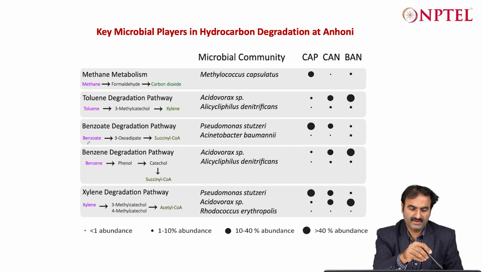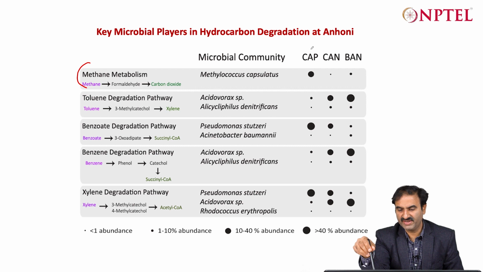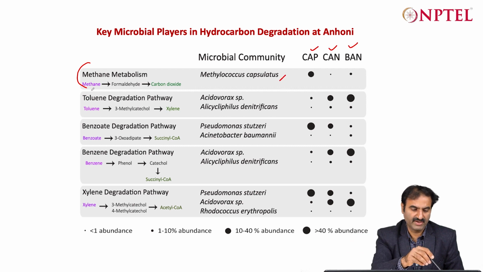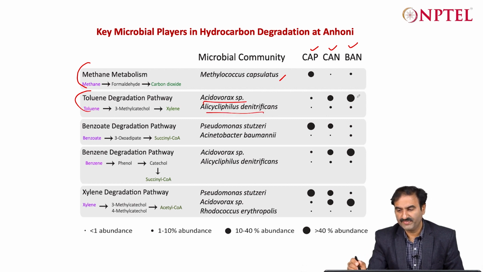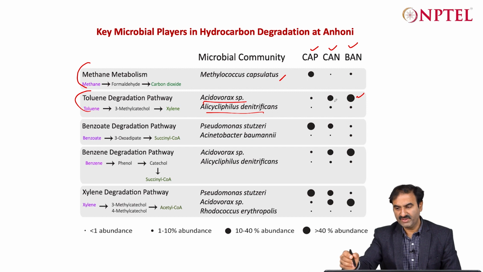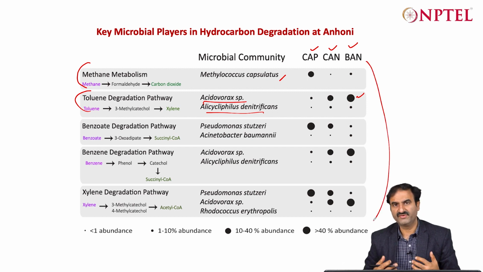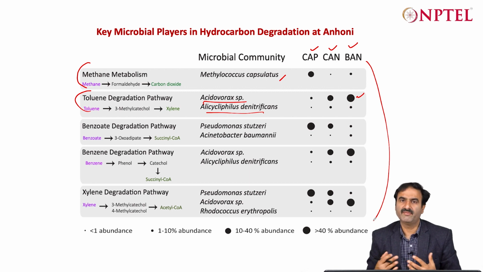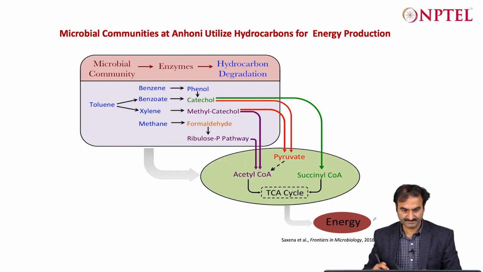So you can connect what microbes are there in methane metabolism in the different sites, a particular microbe and its abundance in various sites, and similarly toluene degradation, these microbes were present and it was more on this side whereas less on this side. The circle and its size can tell about that. Okay, so this way you can do further analysis and bring out the microbes that can do the potential function that you are interested in and their relative abundance in the different locations.